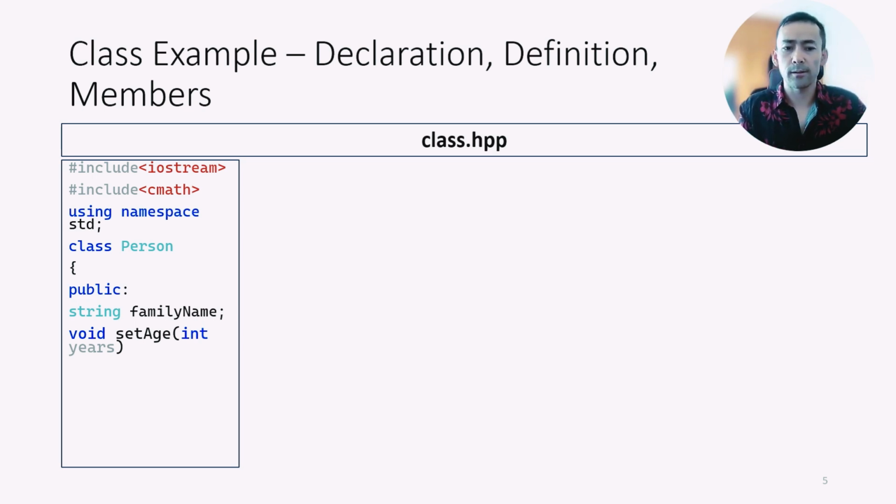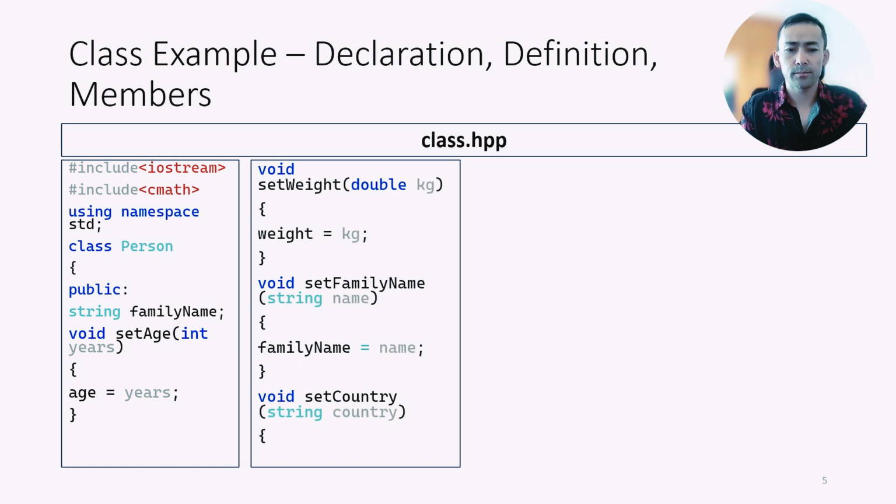Inside this member function, we have integer years, and then we have age equals years. So we have already defined the setAge member function.